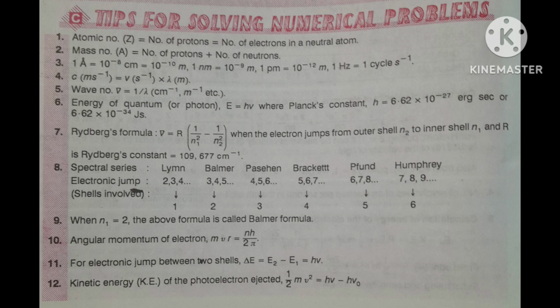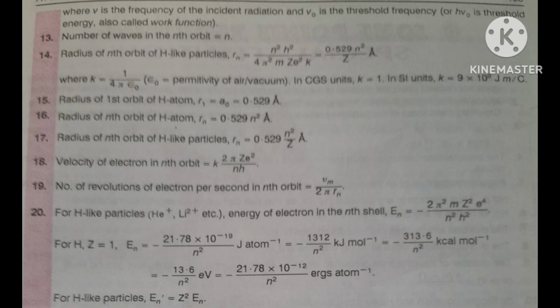If it is 5, then number of waves will be 5. Fourth orbit, 4 waves. If n is third, then wave number will be 3. Small n means orbit number.